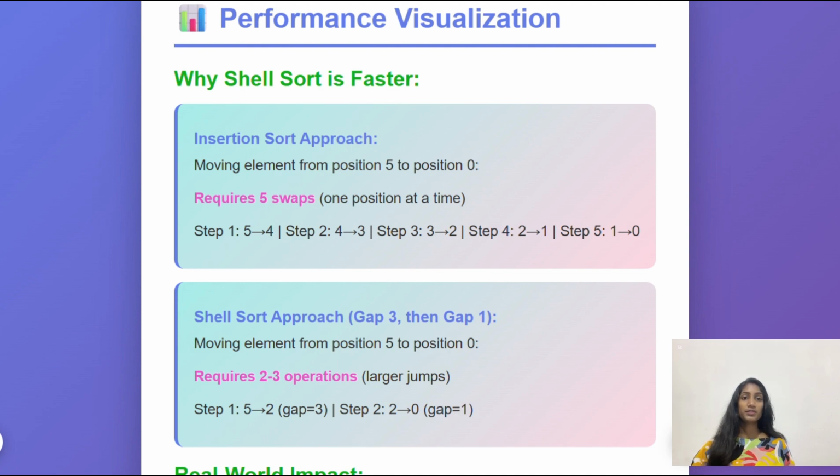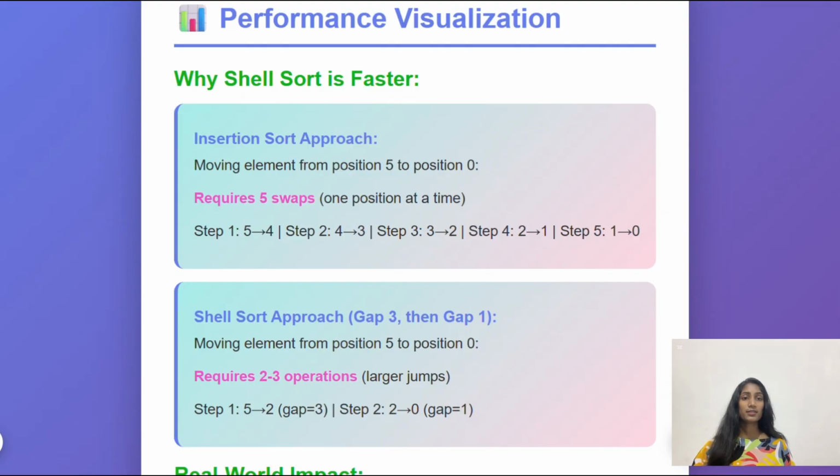The element moves step by step from position 5 to 4, then 4 to 3, then 3 to 2, then 2 to 1, and finally 1 to 0. These many small movements make insertion sort slow, especially for large arrays.